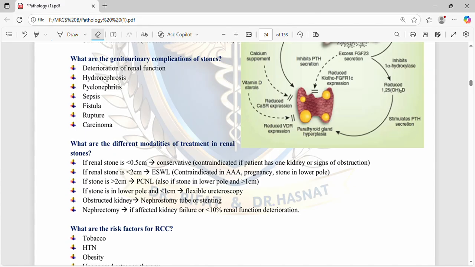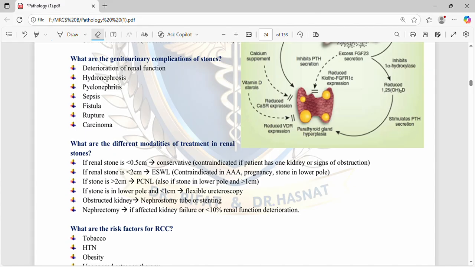If the renal stone is less than 2 centimeter, for example less than 20 mm, you can go for ESWL, extracorporeal shock wave lithotripsy, which is contraindicated in AAA, pregnancy, and stone in the lower pole of the kidney.